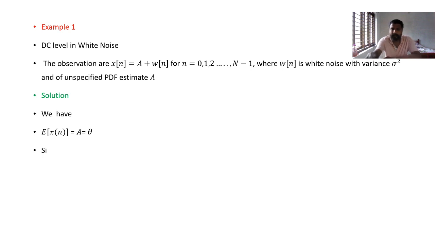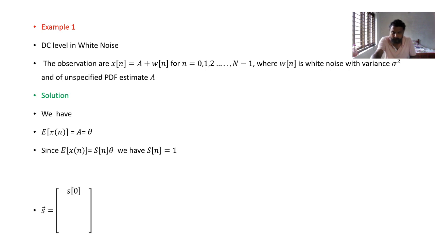Since you know expectation of x of n equal to s of n of theta, we have s of n equal to 1, where s of n equal to 1 and s equals s of 0, s of 1, etc., s of n minus 1, which is equal to 1, 1, 1, 1. That is nothing but a column of ones.